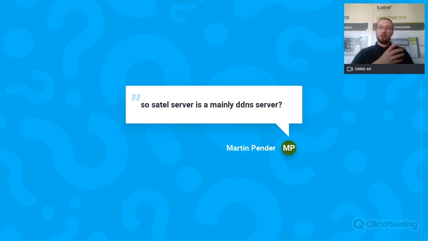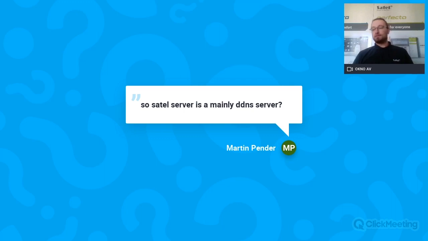Your panel, like Perfecta, is all the time connected with the SATEL server by sending a very small amount of data, like the poll information that I'm here, and the server says, okay, fine, come back to me in 20 seconds. This connection is established and working all the time, 24 hours per day.